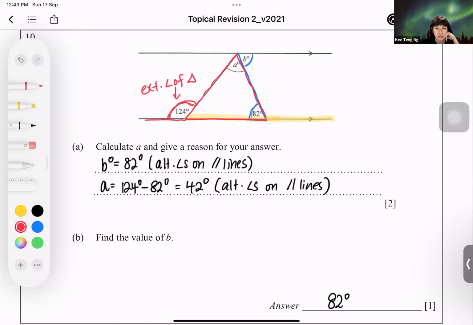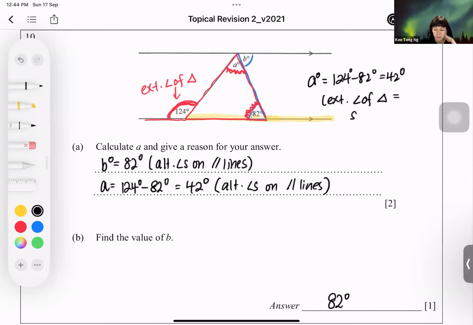If this is the exterior angle of a triangle, this angle is made up from the sum of these two angles, angle A and angle B. So for one shortcut reason to find angle A, the more direct answer is angle A equals 124 minus 82. And that reason is because the exterior angle of a triangle equals the sum of the interior opposite angles.